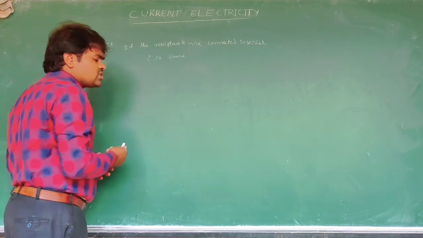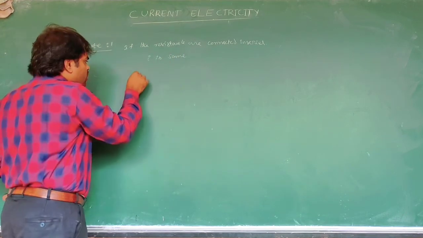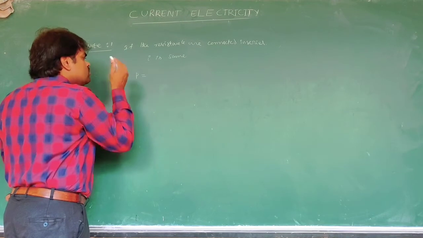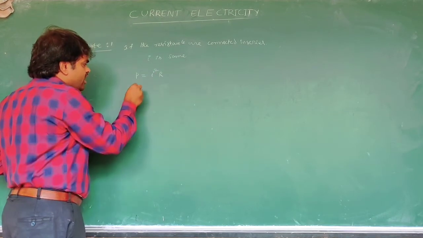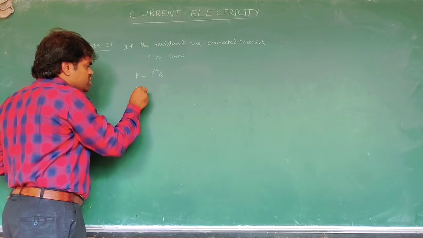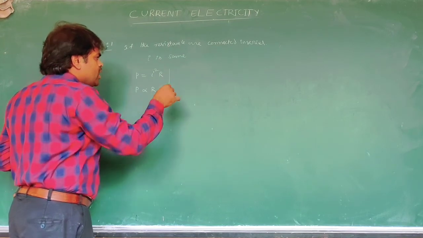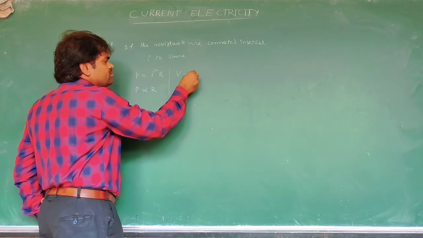I is constant. I is constant means what is the formula of power? Power is equal to I square R. Then P is proportional to R. Similarly, according to Ohm's law, V is equal to IR.